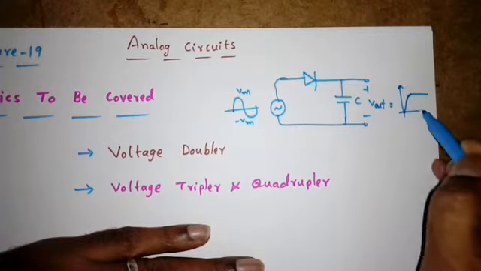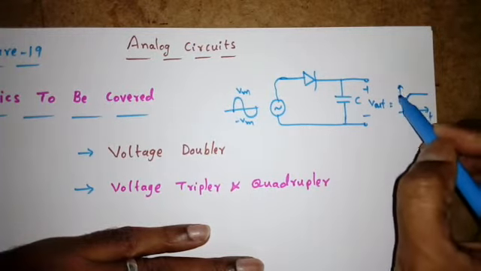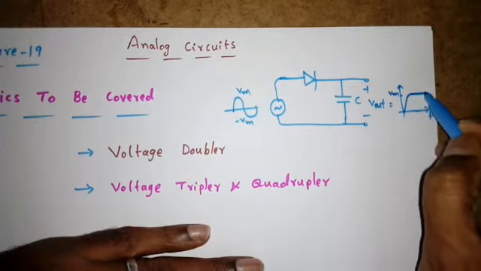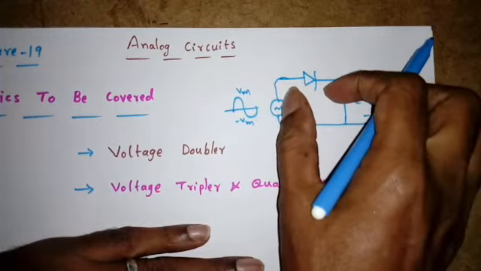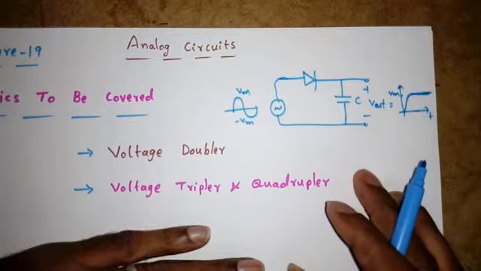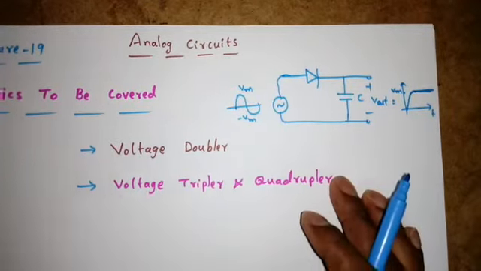So the output we will get is something like this, right? The capacitor will charge to the maximum peak, that is Vm, and it stays for infinite time because the diode will be off for all other conditions. So it is detecting the peak of the input signal, right?